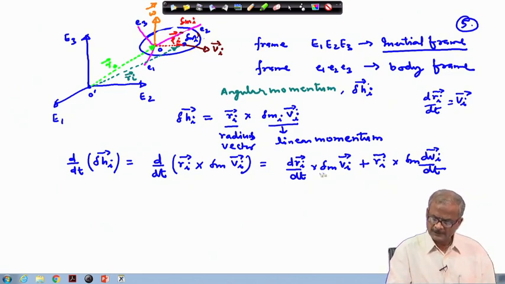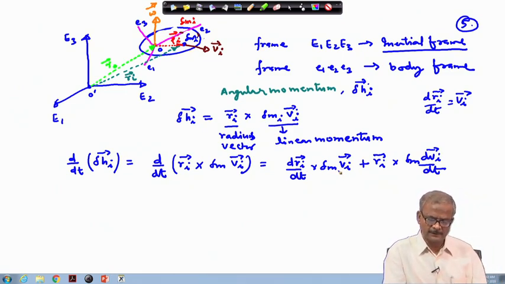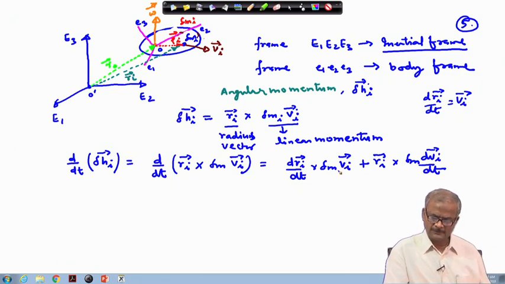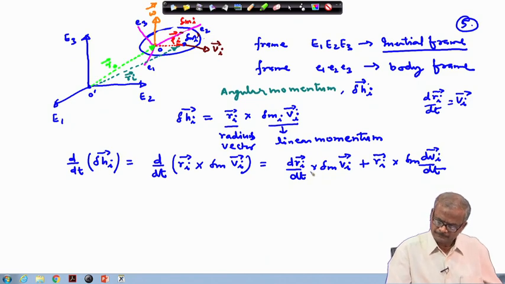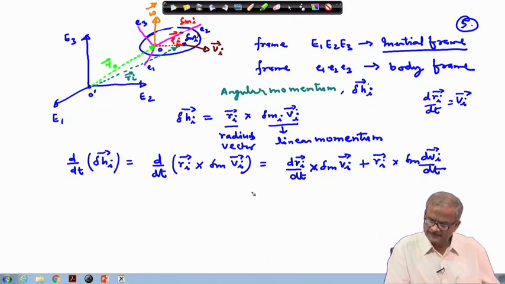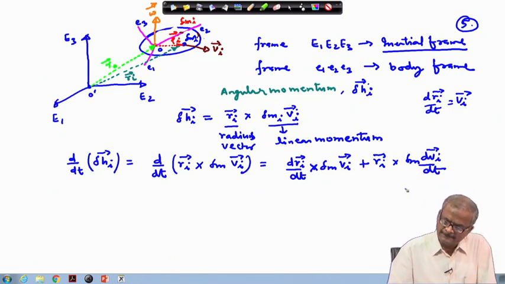I am assuming here that you are well aware of vectors, because it is a matter of the 12th class, and already we have discussed a lot about vectors and their various operations. Now, here in this part, V I cross V I will be 0. So, this part gets reduced to 0.